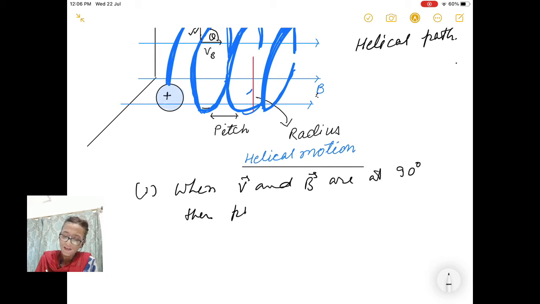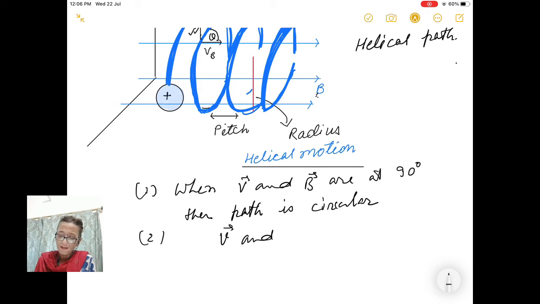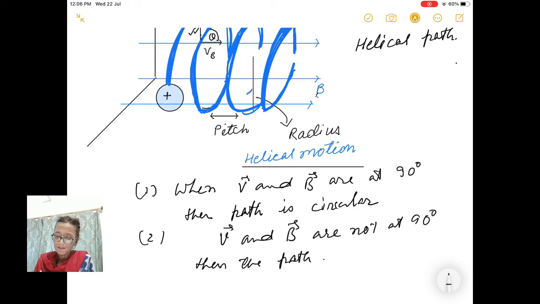This is the first case, then the path is circular. And when velocity V and B are not at 90 degrees, then the path is helical.